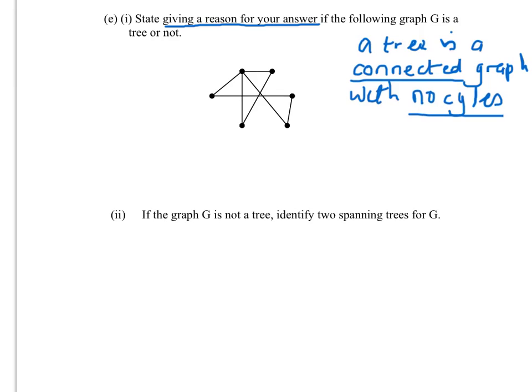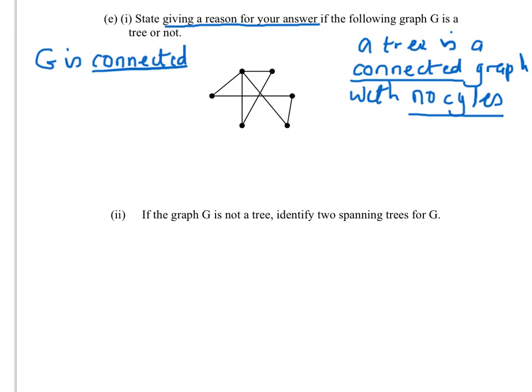Well, a graph is not connected if it has two or more parts to it that are not joined to each other. You can clearly see that all the vertices in this graph are joined within the one framework, as it were. So this particular graph, G, is connected. So there's no difficulty. It obeys that requirement to be a tree.